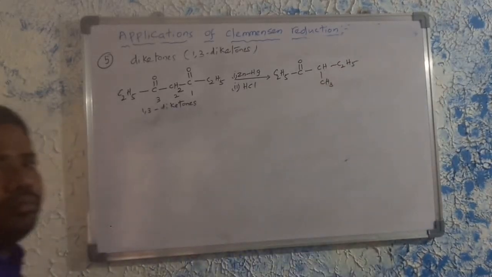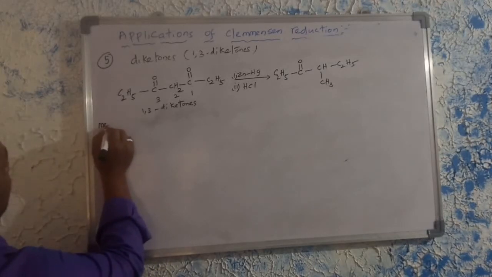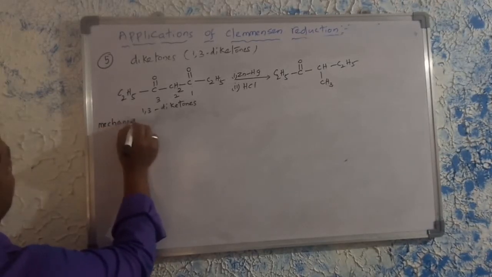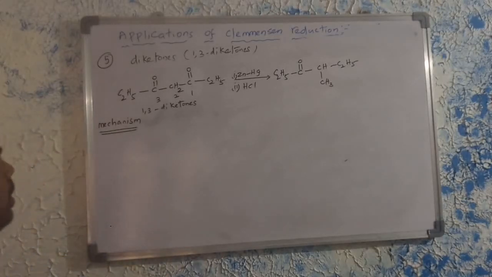So this is a product. In 1,3 diketones, one carbonyl is reduced and the remaining carbonyl group stays as it is. We will see the mechanism of this reaction. A radical mechanism takes place here.